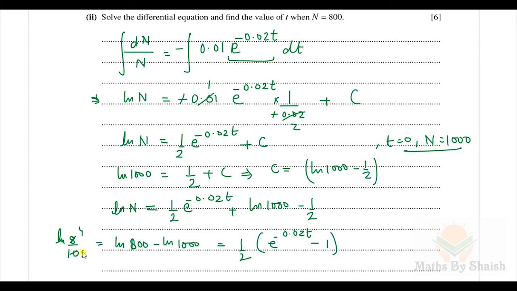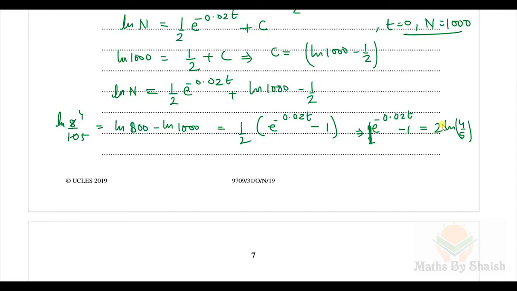So from here, let me transfer 1 upon 2 also to the other side, and it will be 2 times ln 4 over 5 equals e raised to the power minus 0.02 t minus 1. The 2 is multiplied with ln, so it will go in the power, and we will get e raised to the power minus 0.02 t is equal to, transferring this to the other side, 1 plus ln 16 over 25.